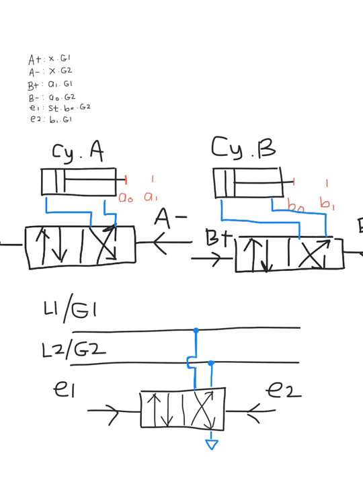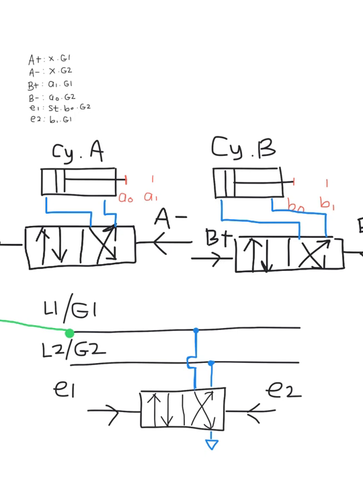Let's refer to A plus. A plus is connected to X and G1, which means no limit switch is involved. So from A plus, it will directly connect to G1. Of course we have to put a dot here to make sure it is connected.